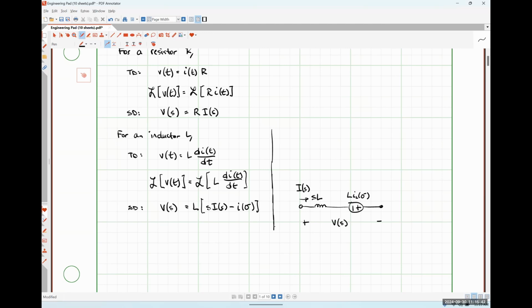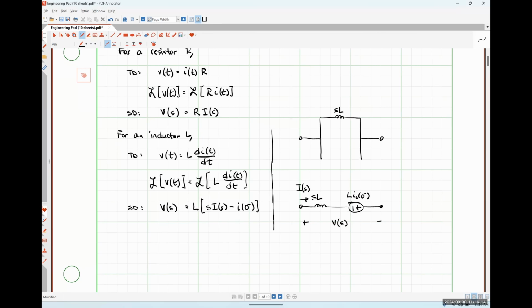So between that exact same set of terminals, instead of having an impedance in series with a voltage source, I could instead have an impedance in parallel with a current source. So here's my impedance.